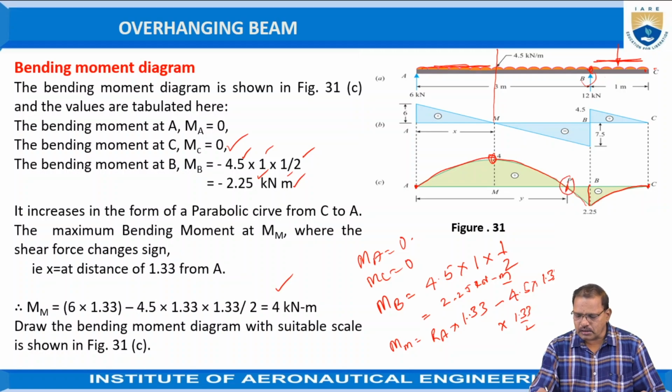Here one point is there at which the sign of bending moment is changing from positive to negative. The point at which it is changing its sign, positive to negative or negative to positive, is called contraflexure. So we have to look at the position of contraflexure, that means the point at which the bending moment possessed by the beam is equal to 0.